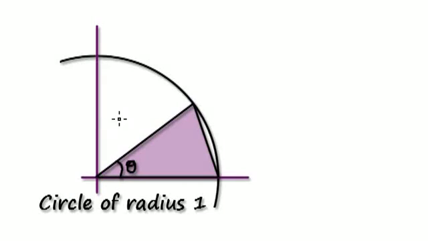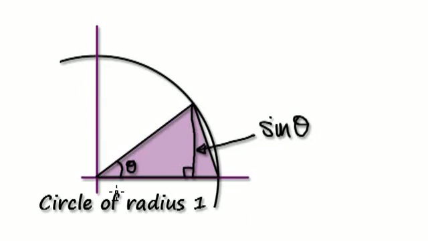Okay, so the area of this triangle is, if you draw a vertical line down here, this height here is actually sine theta. Now the area of this triangle will use this whole length here. In the previous video it was just from here to here, which was cos theta, but in this triangle you have to get this whole length here, and this whole length is 1.